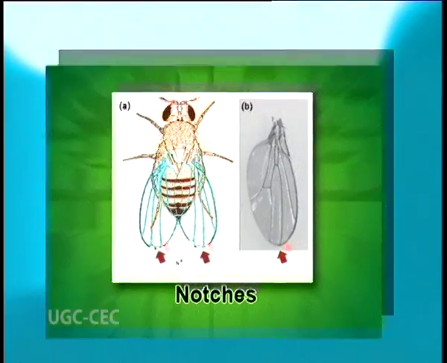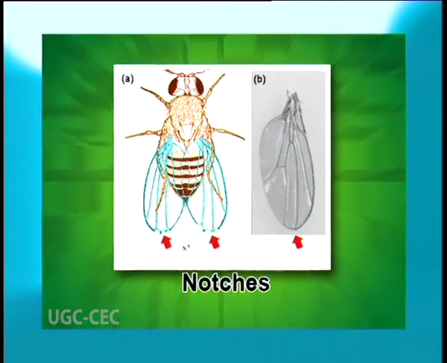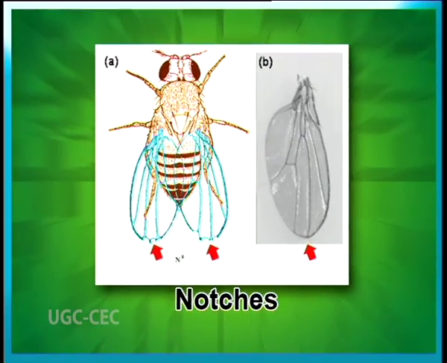One more phenotypic consequence of heterozygous deletion can be noted in the mutant Notch phenotype in Drosophila. In these flies, the wings are notched on the posterior and lateral margins.